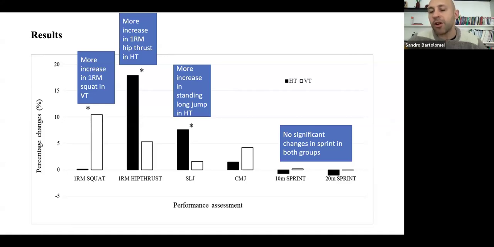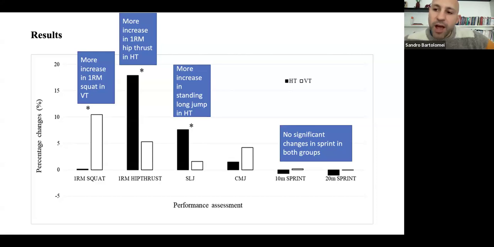Of course, what is this principle called? Principle of specificity. So if I perform squat, then I improve squat, okay? And the improvement in hip thrust 1RM confirms the principle of specificity. The group that performed hip thrust improved significantly more in 1RM hip thrust compared to the vertical group, okay?